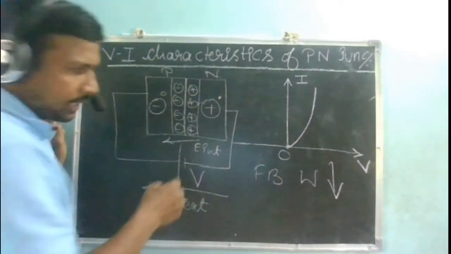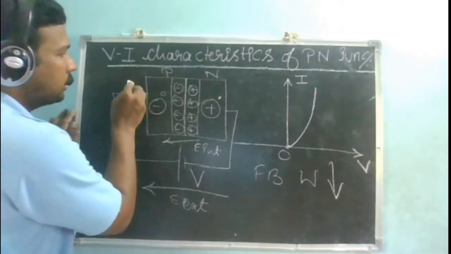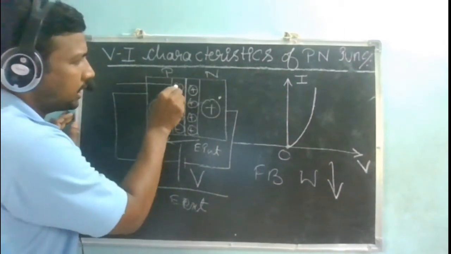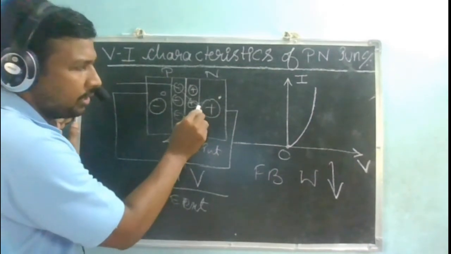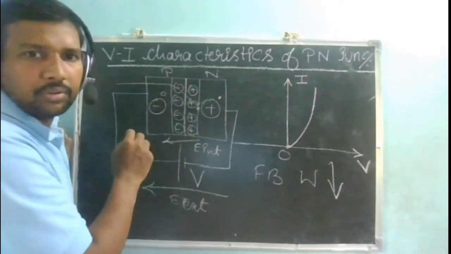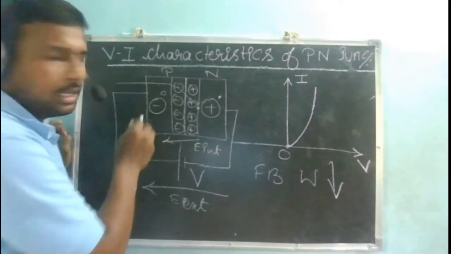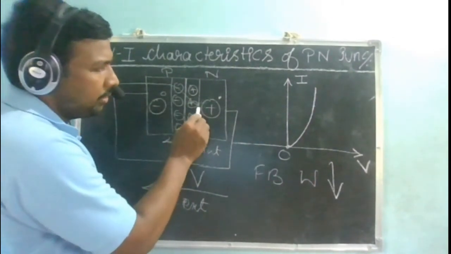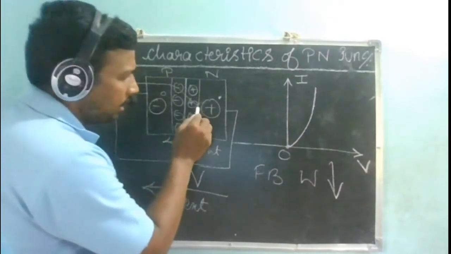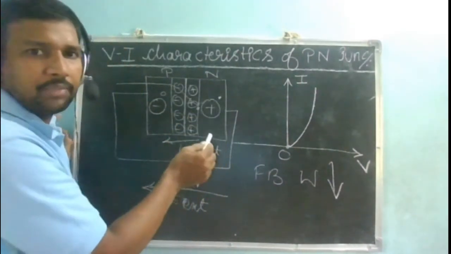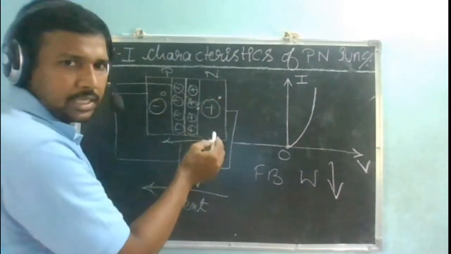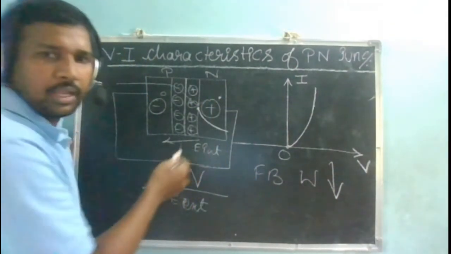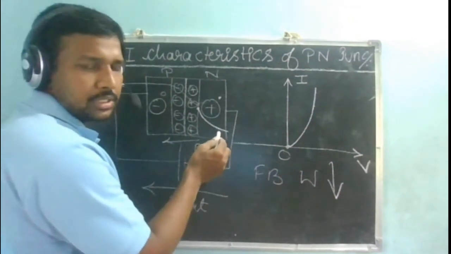So when the net electric field is reduced, what happens? My charge carriers are moving like this and coming over here. Now they have become minority charge carriers. The holes here were the majority charge carriers, they cross, and now as minority carriers they recombine with the electrons in the n side and diffuse, taking the exponential form.